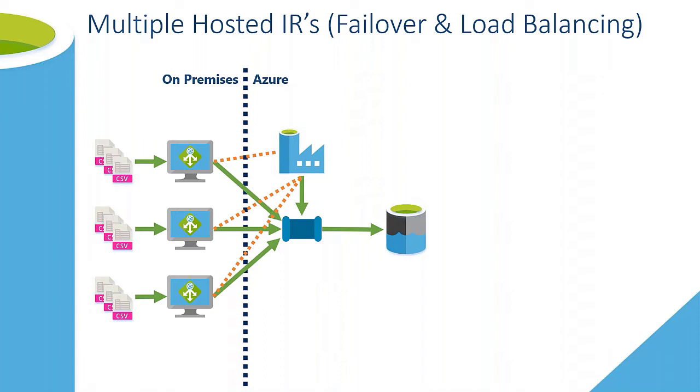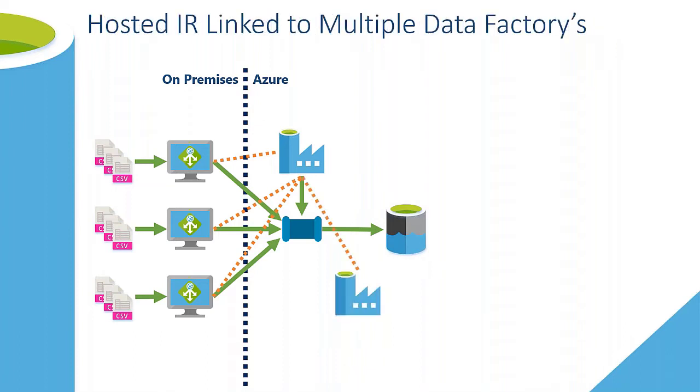So you can have many hosted IR nodes talking to one data factory. The reverse is also true. You can have multiple data factories using a single hosted IR on premises.